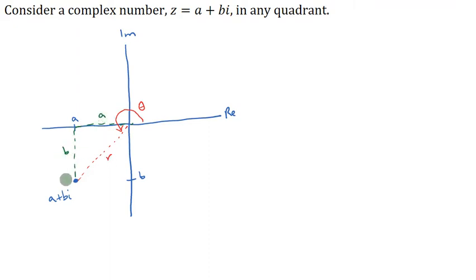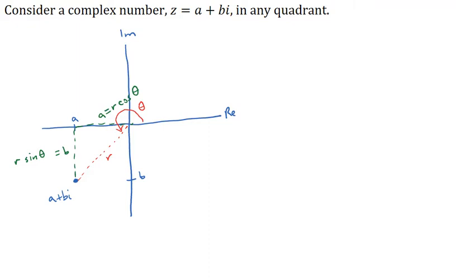So what are the relationships here? Well, a ends up being the hypotenuse r times the cosine, because it's the adjacent side, times the cosine of the argument theta. And b happens to be the hypotenuse r times, since it's the side opposite angle theta, r times the sine of theta.